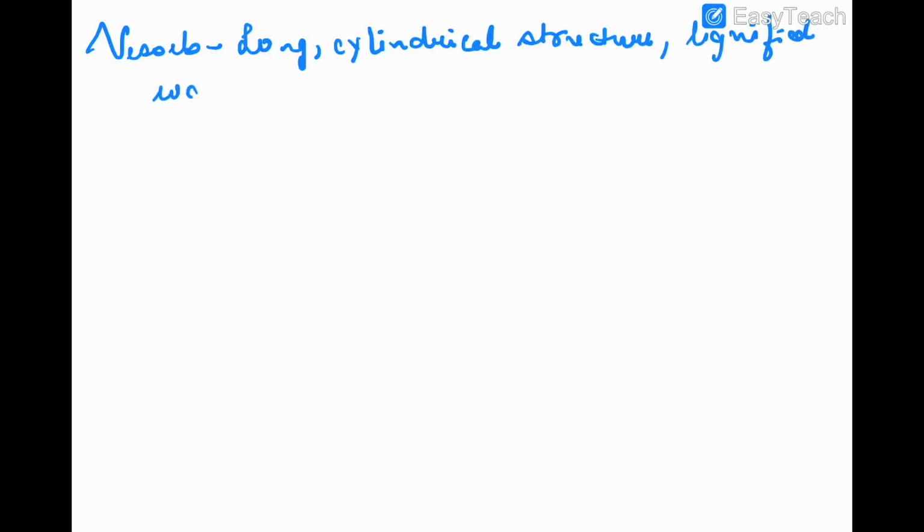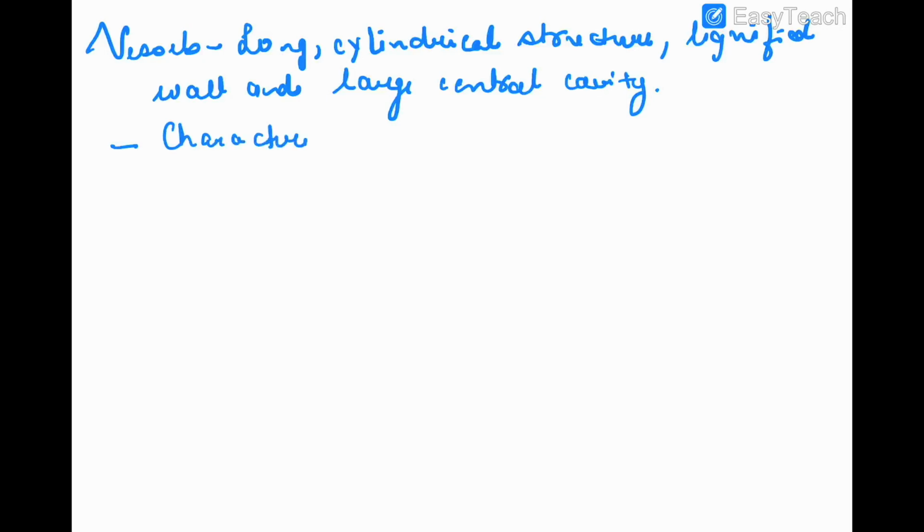Vessels are long, cylindrical structures, again with a lignified wall and a large central cavity. Vessels are the characteristic feature of angiosperms.